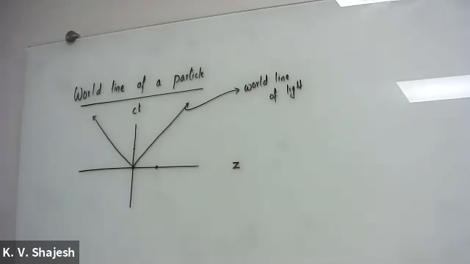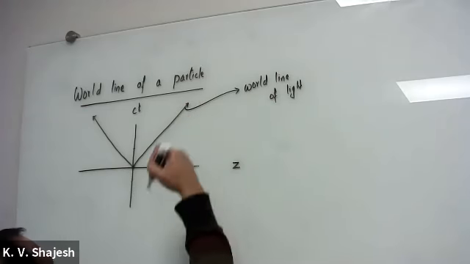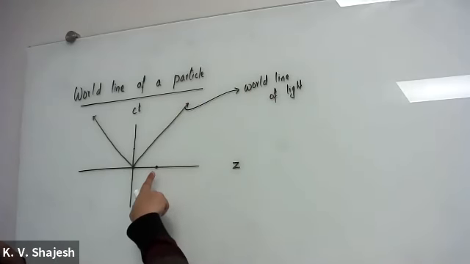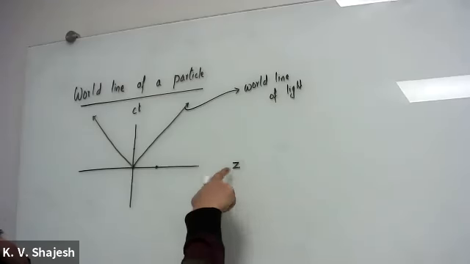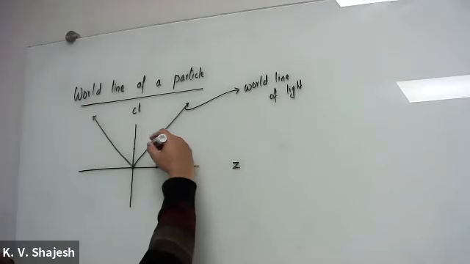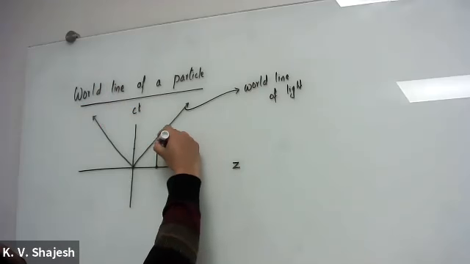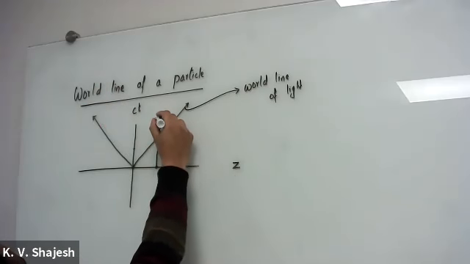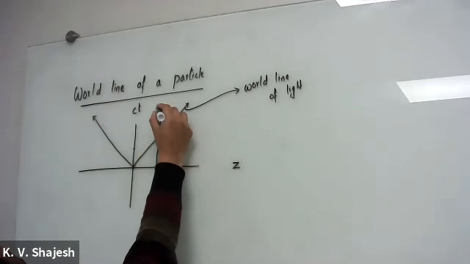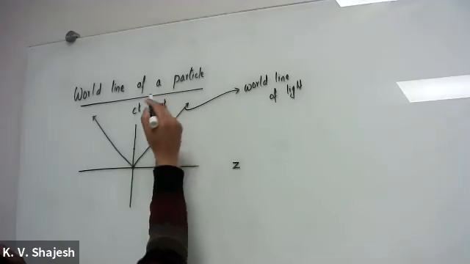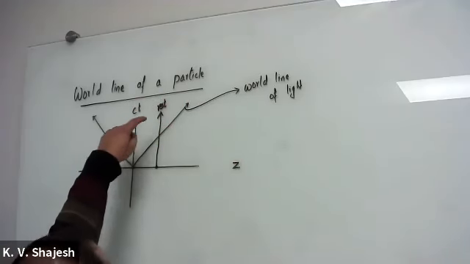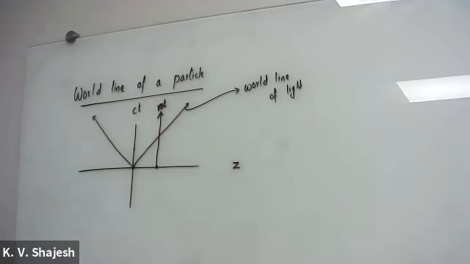We are just sitting on our chair in our house, and for a long time you just keep sitting in that chair, and what is your world line? z remains fixed, right, for all time. So you will just go straight. So that's a world line, and this is at rest. And by rest, I mean it is at rest with respect to this frame.